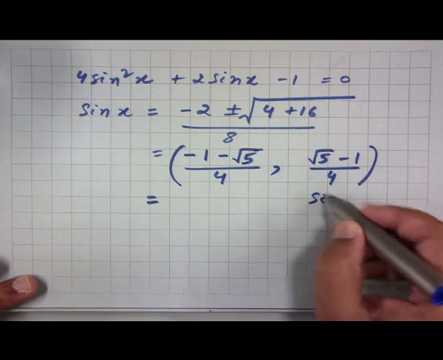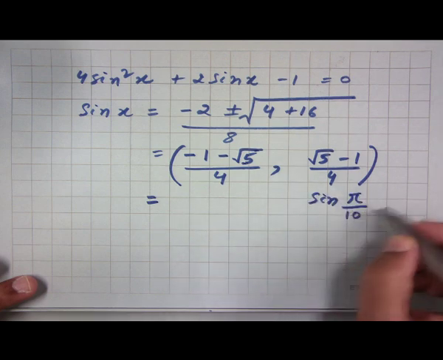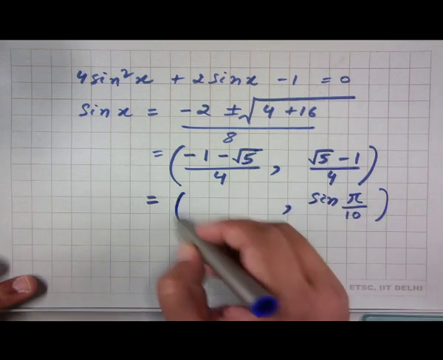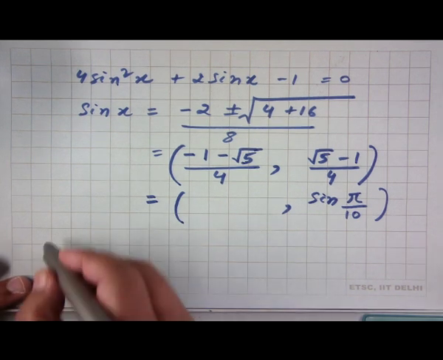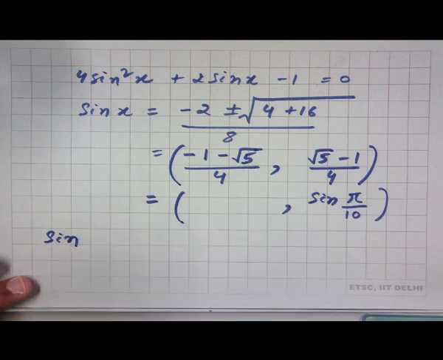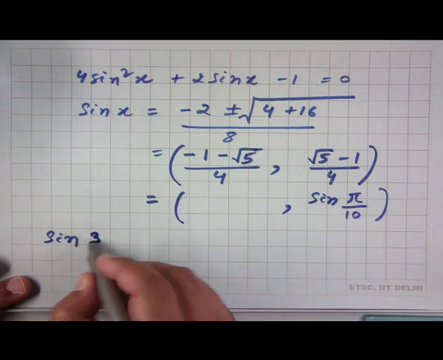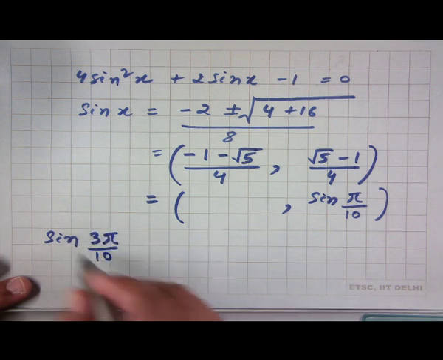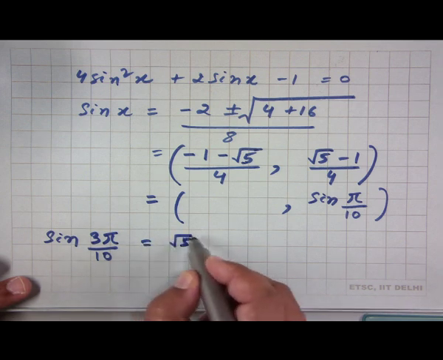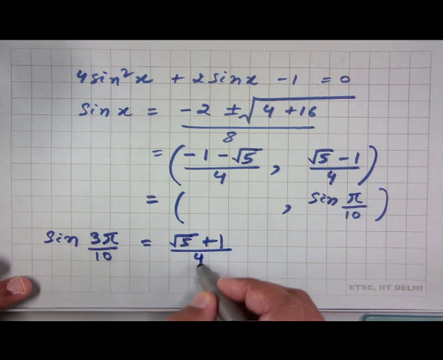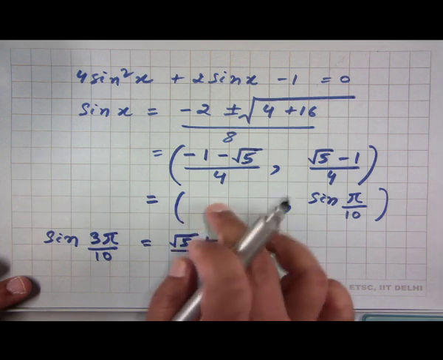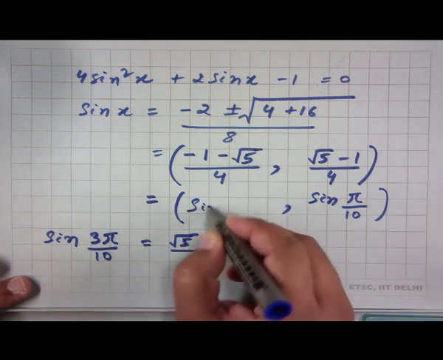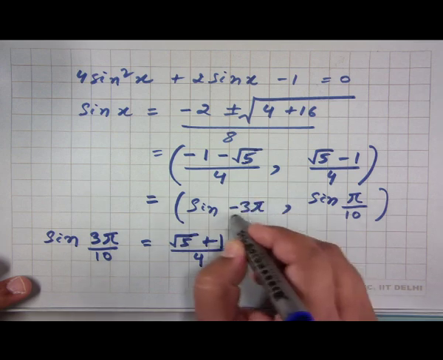So, this is sine of pi over 10, and we also know that sine of 54 degrees, which is 3 pi over 10, sine of 54 degrees is root 5 plus 1 over 4, and therefore, this is exactly the negative of this, and therefore, here we can write sine of minus 3 pi by 10.